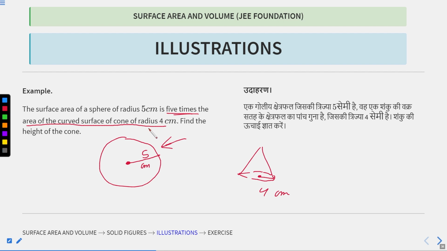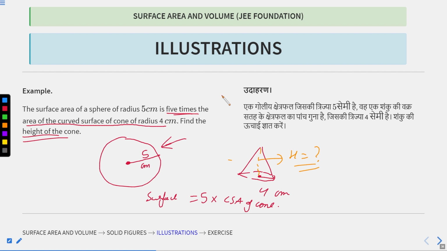In the question we are told that the surface area of this sphere is equal to 5 times the curved surface area of the cone. And we need to find out the height of the cone. So the actual question is to find out this height. What is its height? So let's see how we will be approaching.